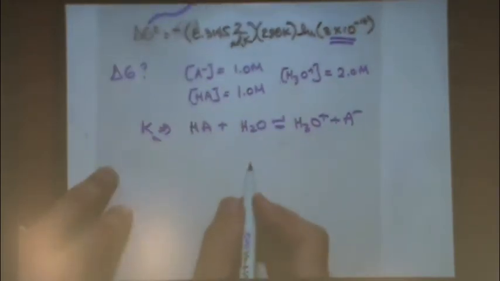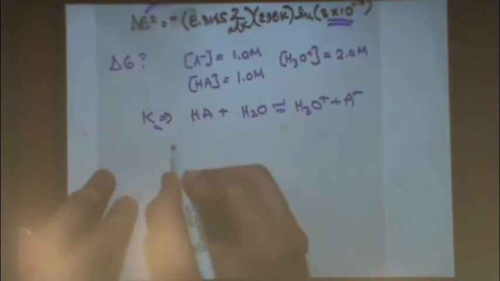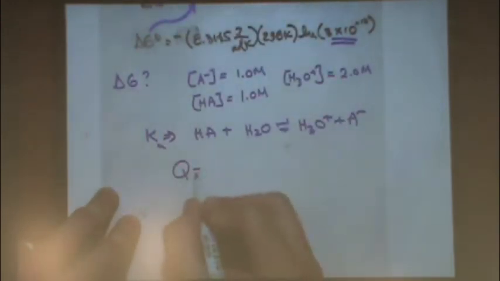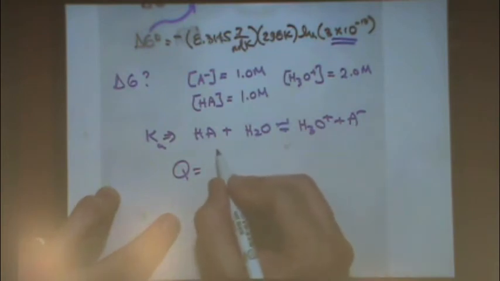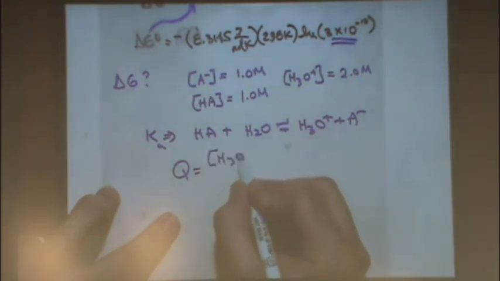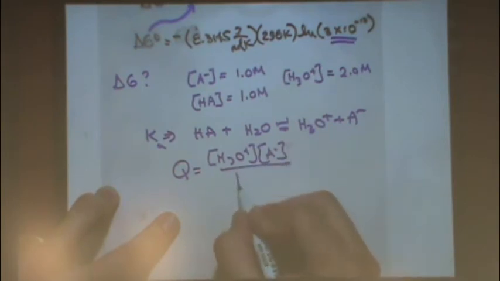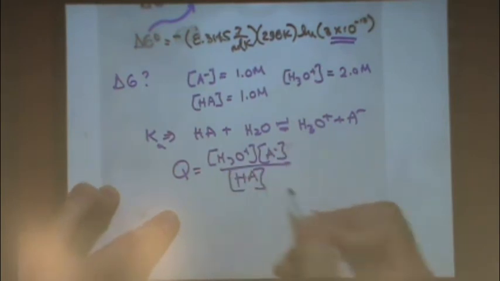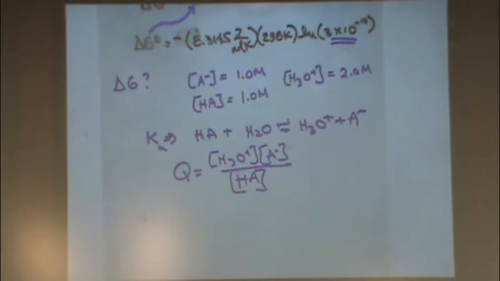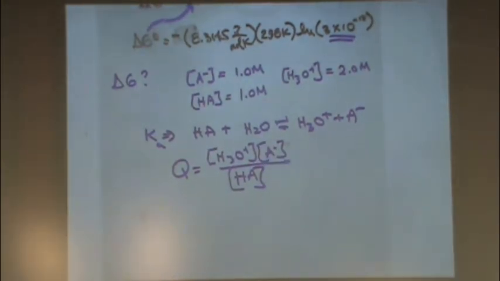So if you're okay with that, to do this problem I need to write Q. Q equals H3O plus times A minus, over HA. I don't include water, it's really 1 because it's a liquid.